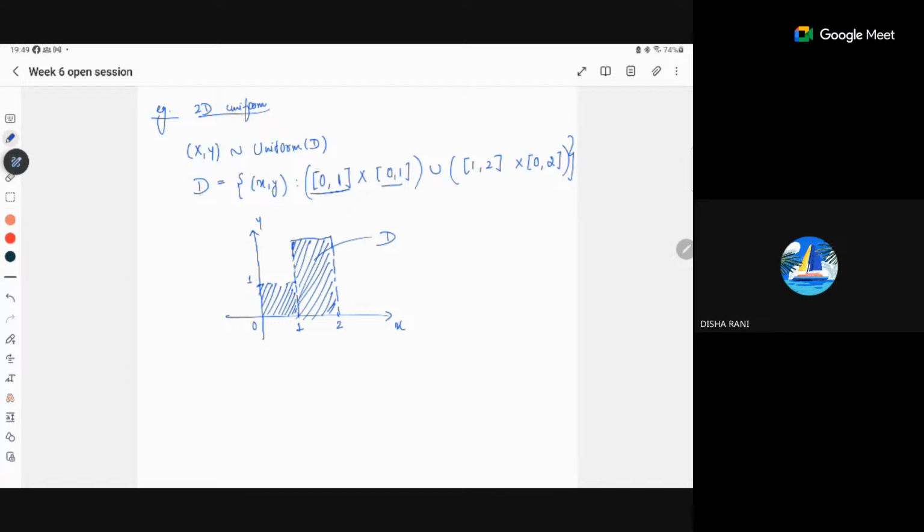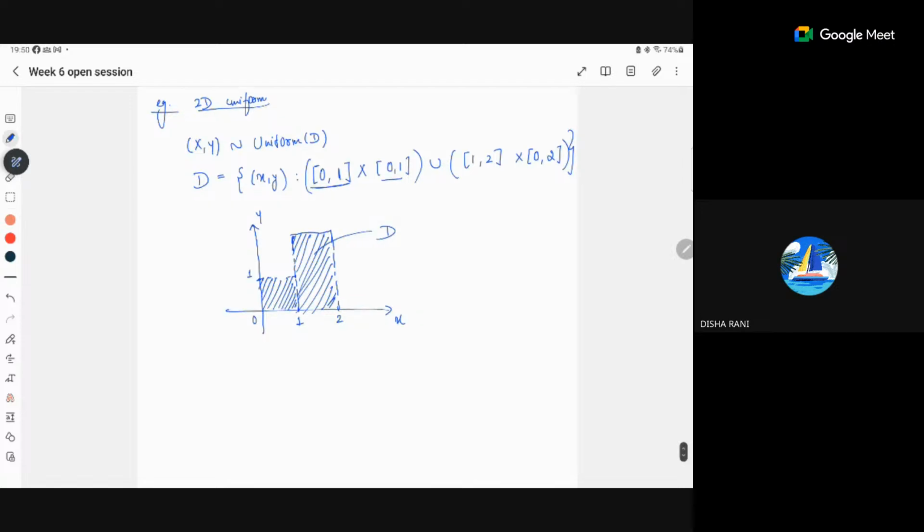Now can you find the marginal of this? What is fx of x? First of all, what is the joint PDF?